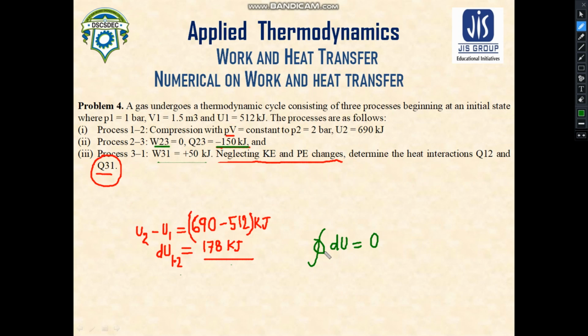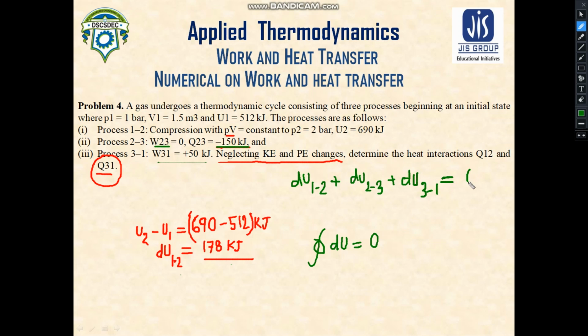So we can write dU1 to 2 plus dU2 to 3 plus dU3 to 1. That means we are writing down the changes of internal energy for all three different processes.